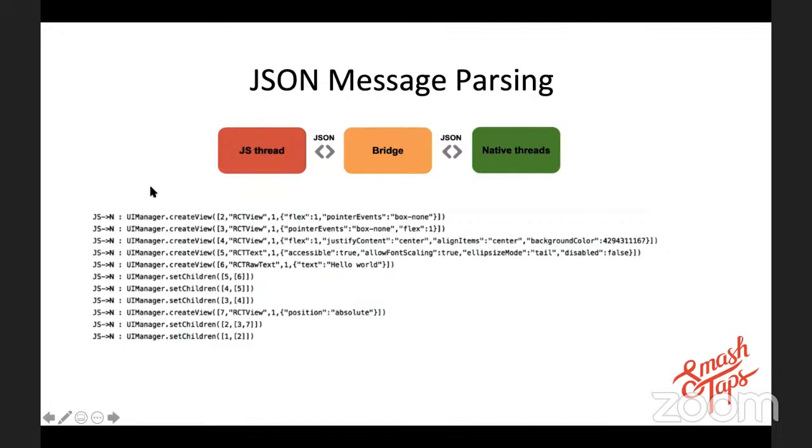The UI manager is in the host. So the bridge compiles everything to UI manager events, and it does all the node setting and setting up the stuff on the host side of things.